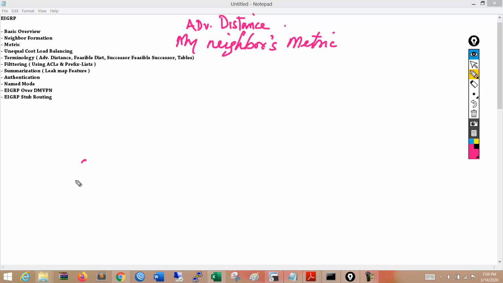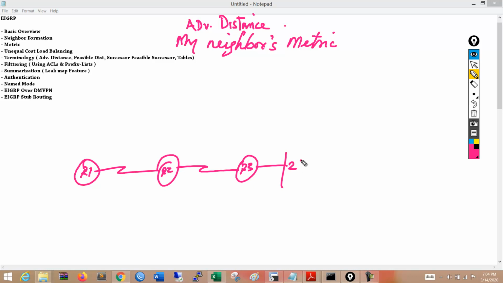So R1 is connected to R2, R2 is connected to R3, and we have network 34 here, and we have R4 here.